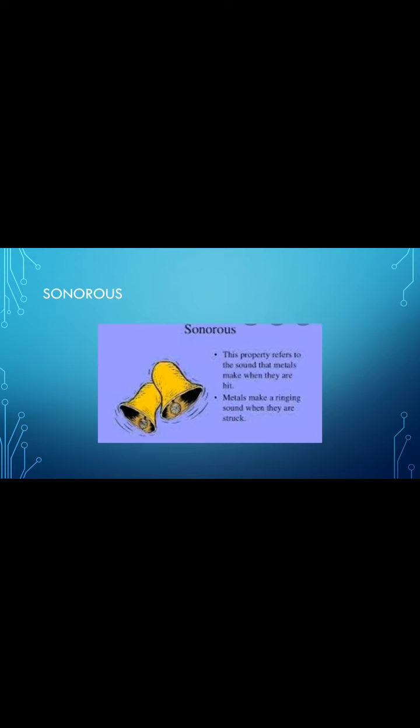The next is sonorous. Sonorous is that property of metal which means when you beat a metal, it will produce a sound. So when a hard thing hits the surface of a metal, there is production of sound.